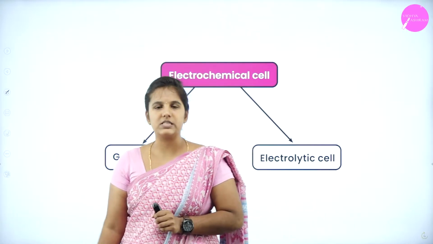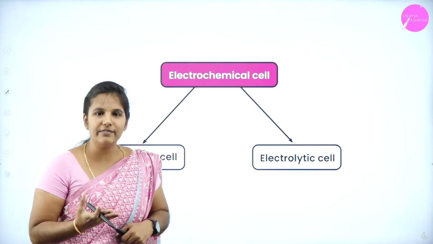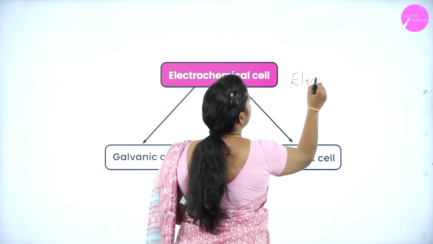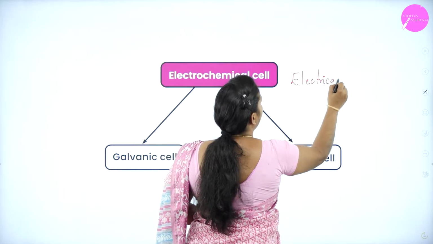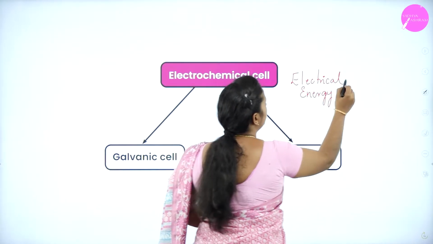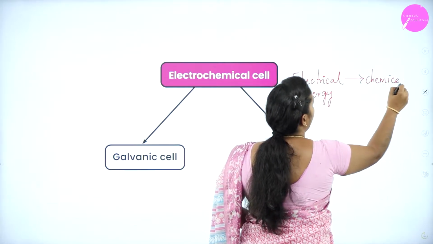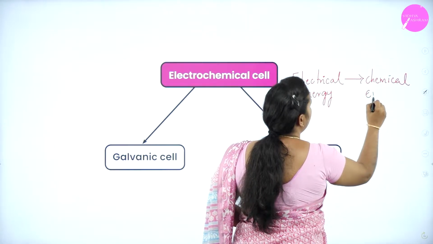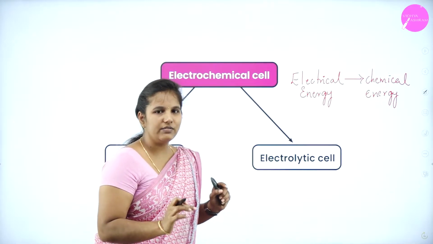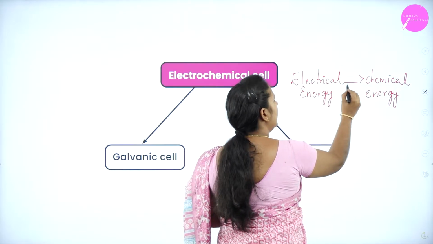In electrochemistry, the electrochemical cell is referred to as a device which converts electrical energy into chemical energy, or we can say that it is a device which converts chemical energy into electrical energy.